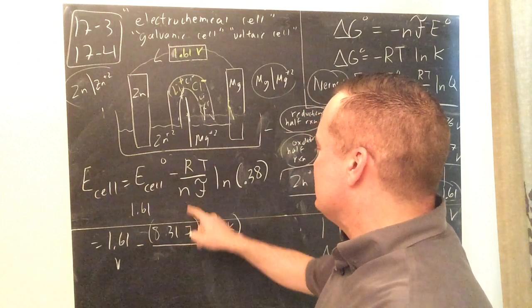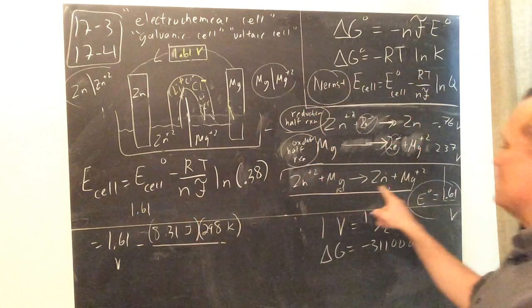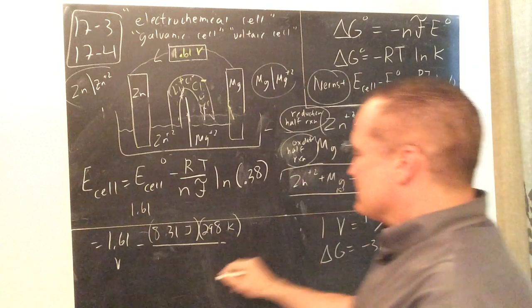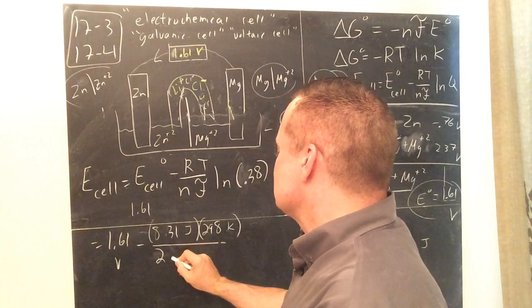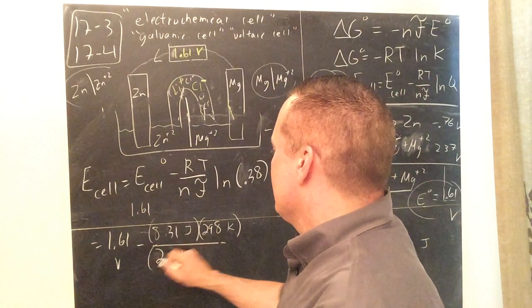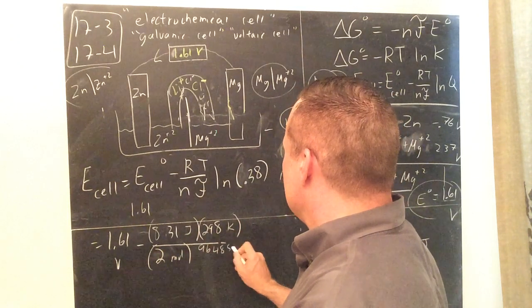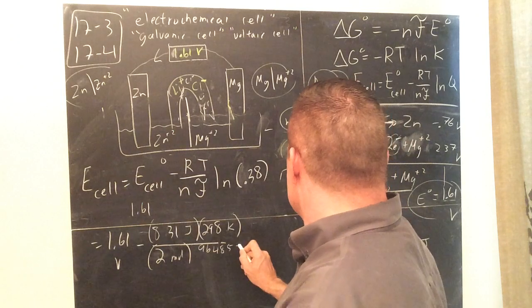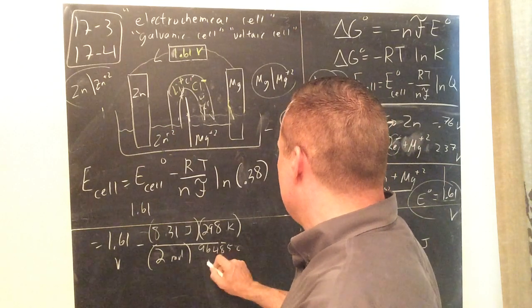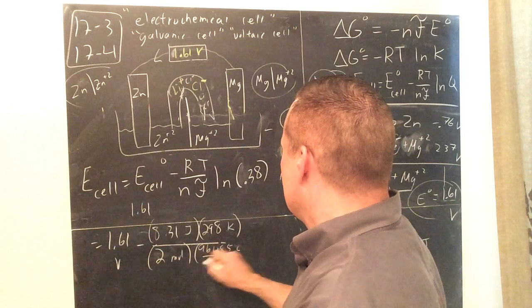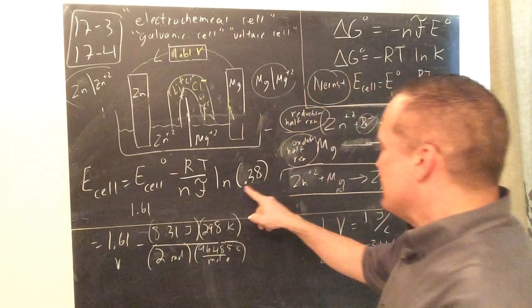I'll keep the mole Kelvin down here, but the number of moles transferred were 2 moles of electrons. That's when they're balanced out, 2 moles. And the Faraday is 96,485 coulombs per mole of electrons times the natural log of this.